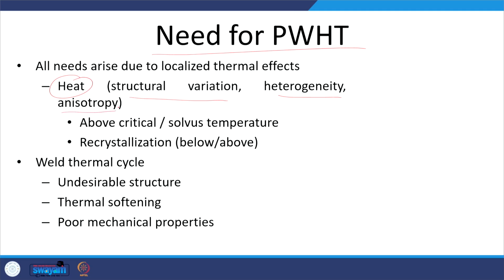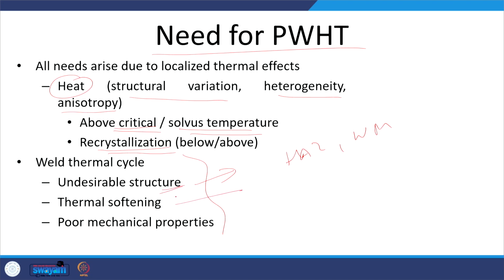Okay. This happens especially in the zones which are heated above the critical temperature, or above the solvus temperature in the case of PH metals. Also, these changes are observed in parent metals which are heated above the recrystallization temperature. Since the weld thermal cycle of each location is different, we get variation in the microstructure, and most of the time the structure developed in the HAZ and the weld metal zone is undesirable.